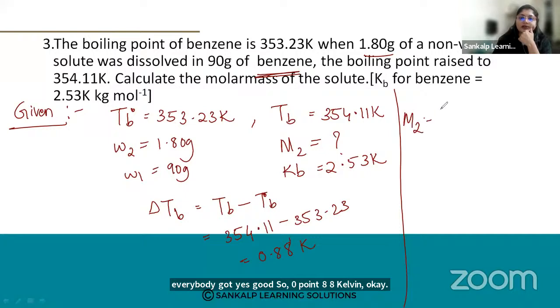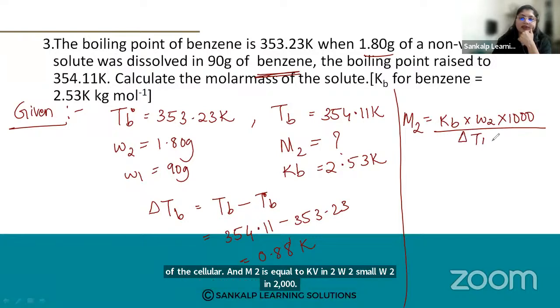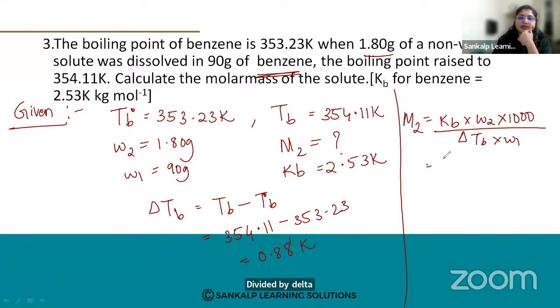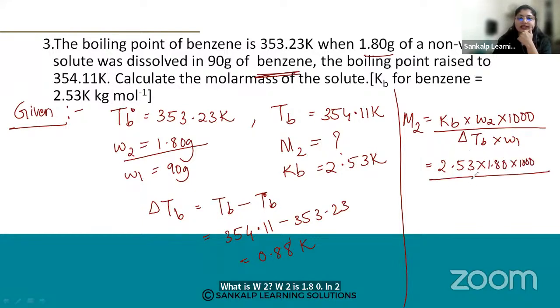Okay. Now substitute in the formula. So to find the molar mass of the solute, M2 is equals to Kb into small w2 into 1000 divided by delta Tb into W1. So what is Kb? It is 2.53. What is W2? W2 is 1.80 into 1000 divided by delta Tb, which is 0.88, into W1, which is 90 grams.